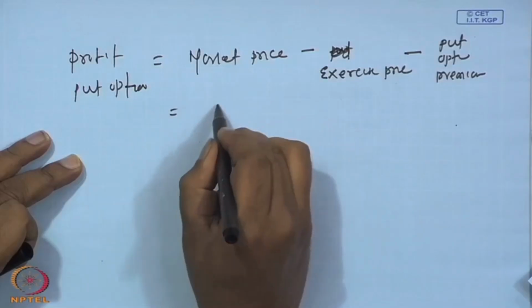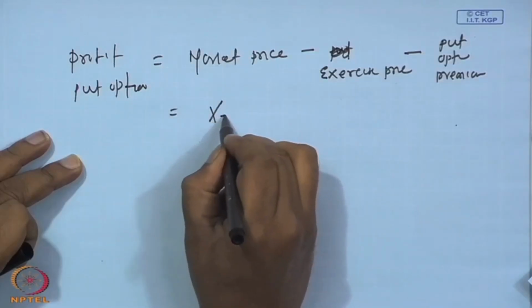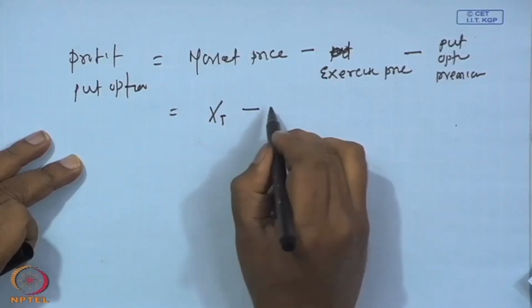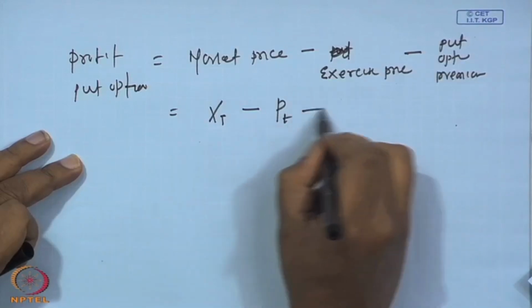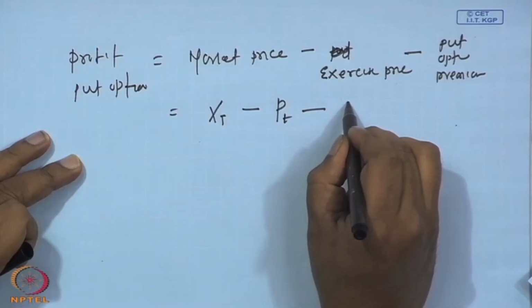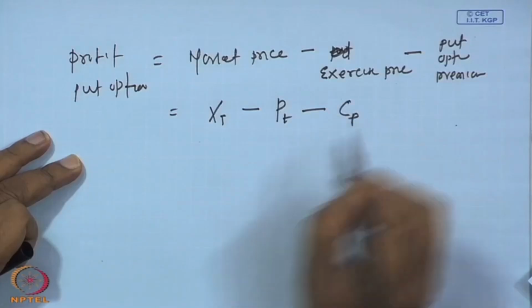Suppose here I denote the market price as XT, the put option exercise price as PT, and the put option premium as Cp.